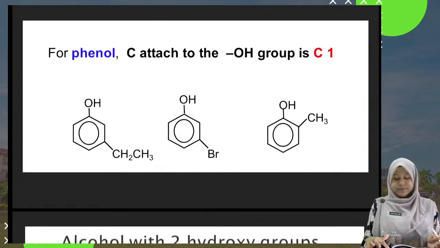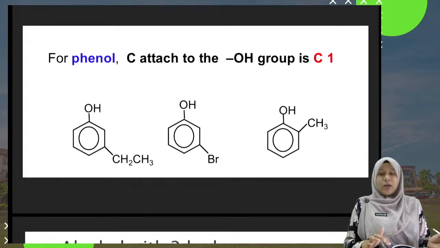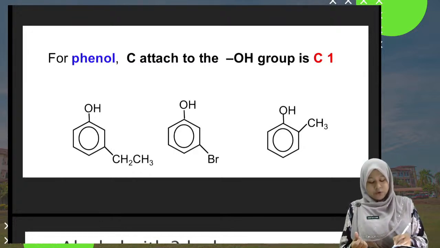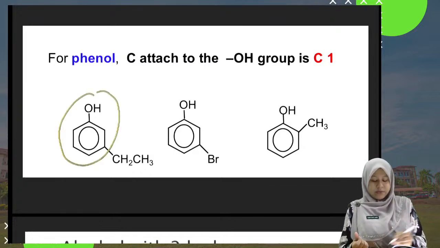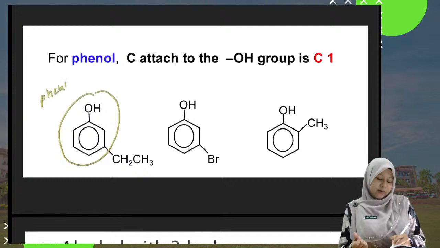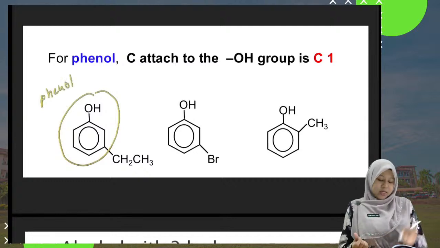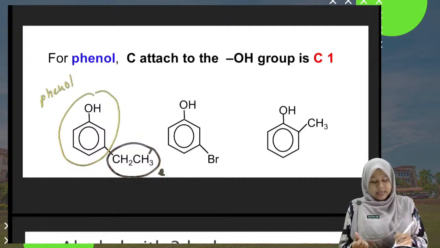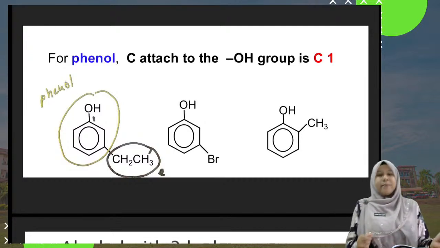Okay, for phenol. Phenol, the carbon that attaches the OH group in phenol, we locate as number 1. So here we have OH attached directly to the benzene ring, we call it phenol. So this one is the substituent. Okay, CH2CH3, which we call ethyl. So number 1 must start with the carbon bearing the OH.